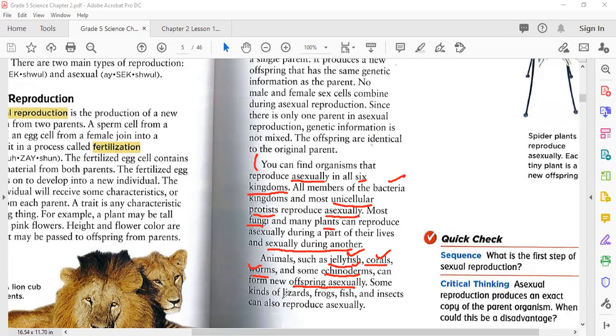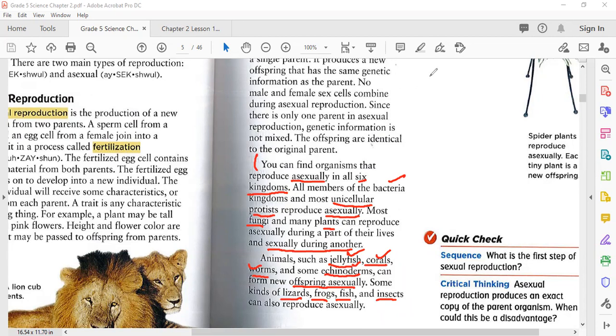Some kinds of lizards, you know very well about lizards, frogs, fish, and insects can also reproduce asexually. So it tells you about the types and also about the kingdoms in which this type of reproduction is present. So I hope everyone understands till here.